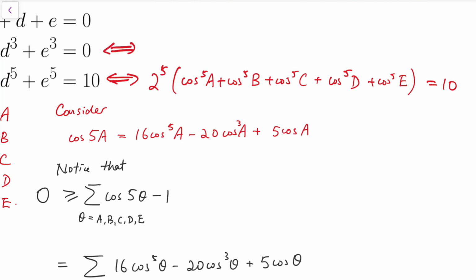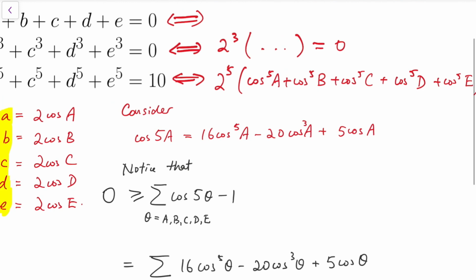And similarly, 2 cubed times the sum of the cubes of the cosines is equal to 0. And also for the sum as well.